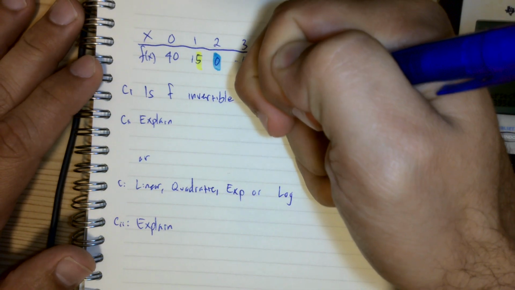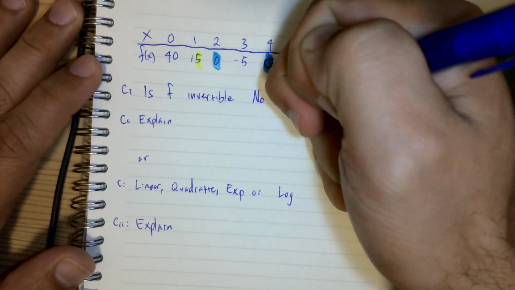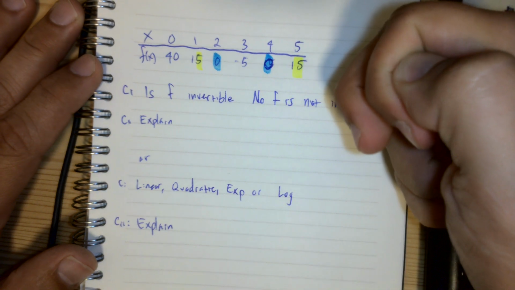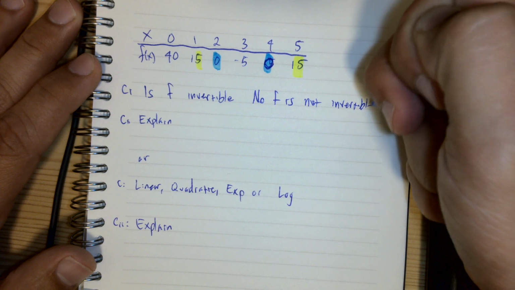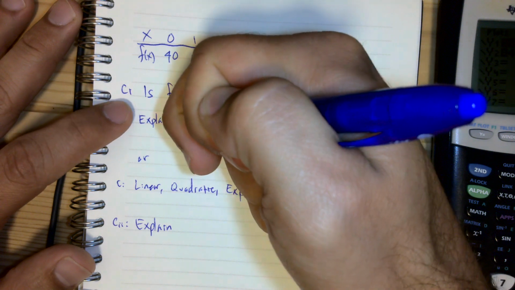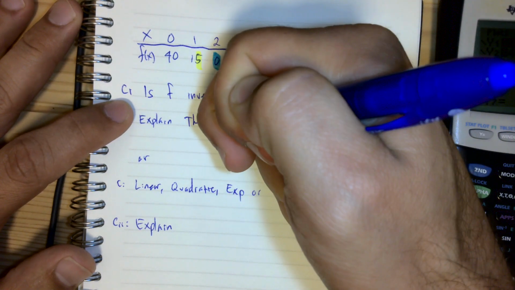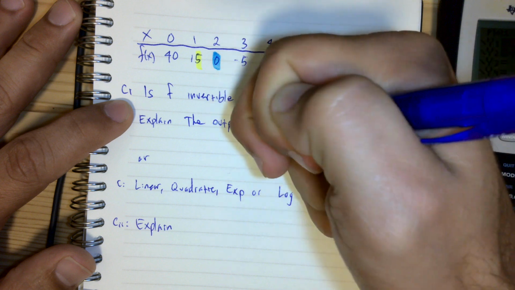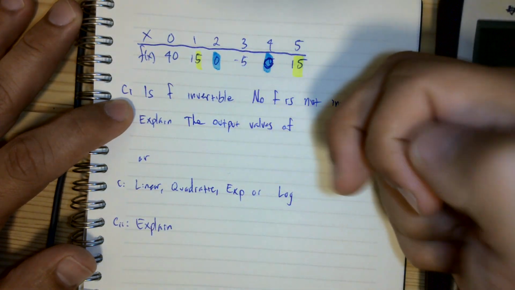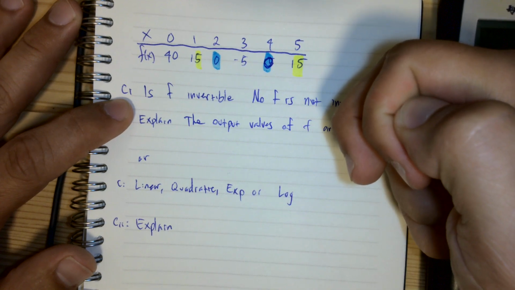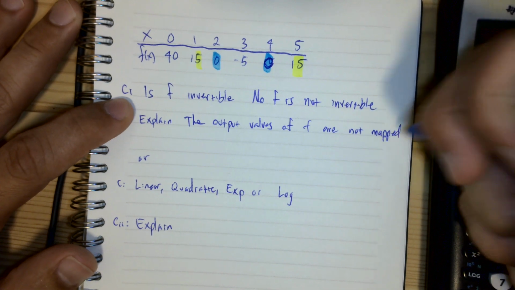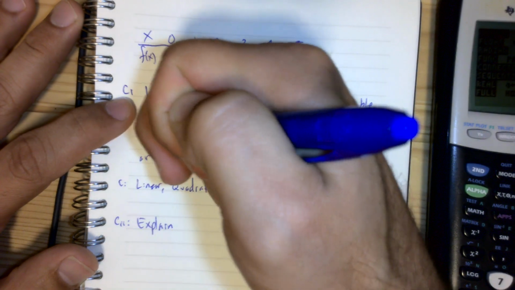So you would simply say, no, f is not invertible. And then if you're going to explain, you would say something like the output values of f are not mapped from unique input values.